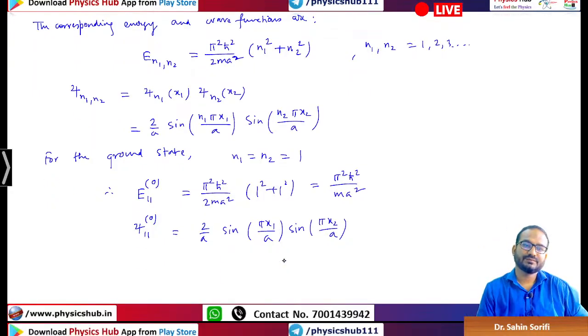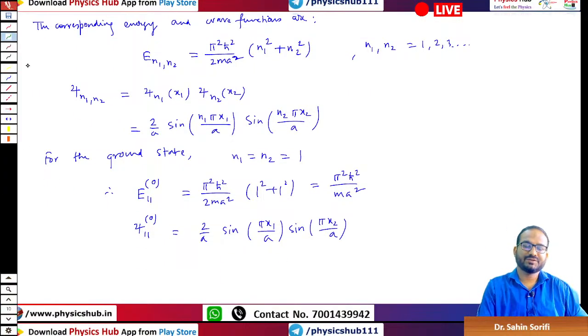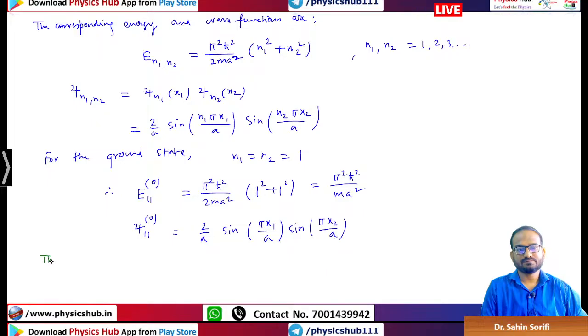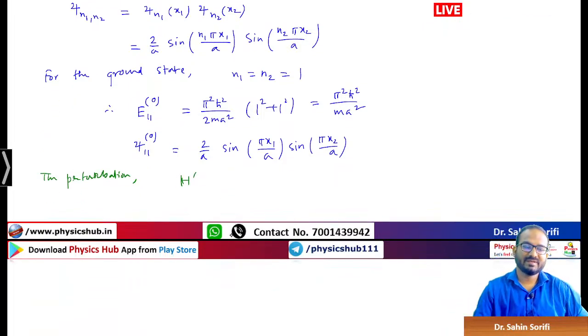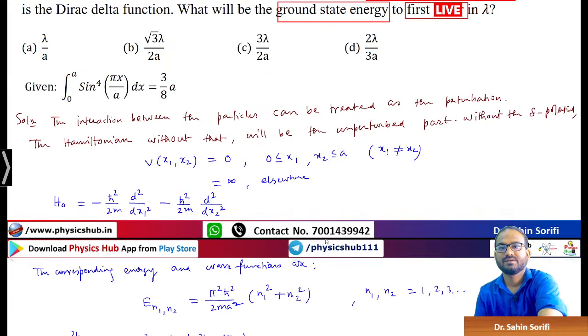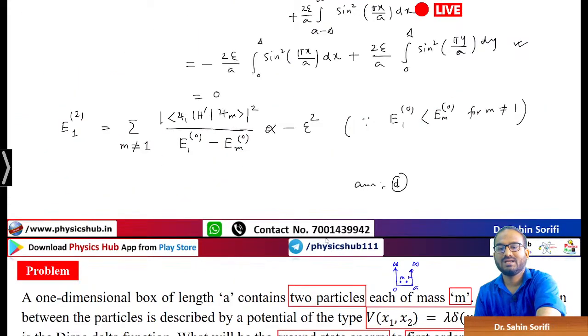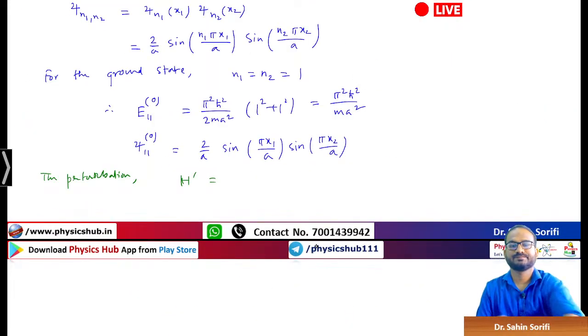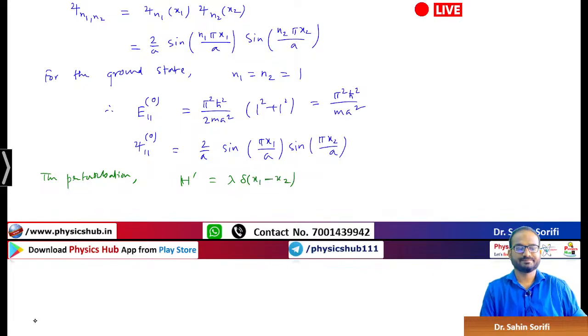Now the perturbation is given by H prime. So H prime is equal to how much? It is λ δ(x1 − x2). This is given.